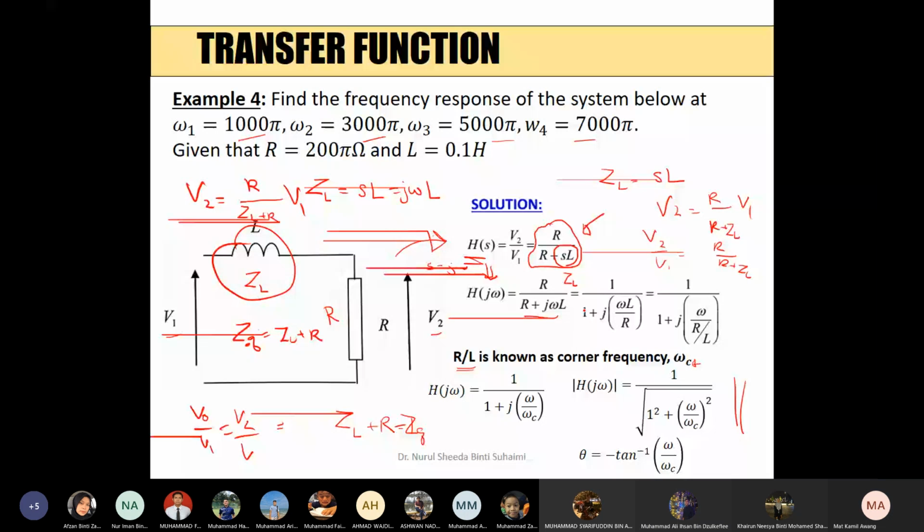Basically, your equation that you have to work with is H J omega equal to 1 over 1 plus J omega over 2000. So omega equal to 1000 pi. So you get 1 over 1 plus J, and this is the H.